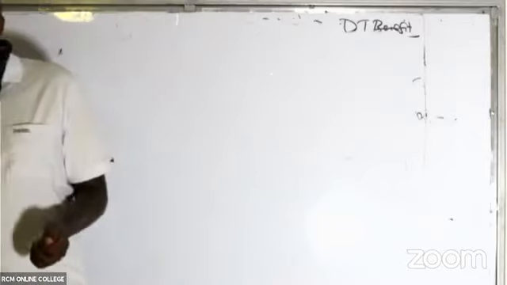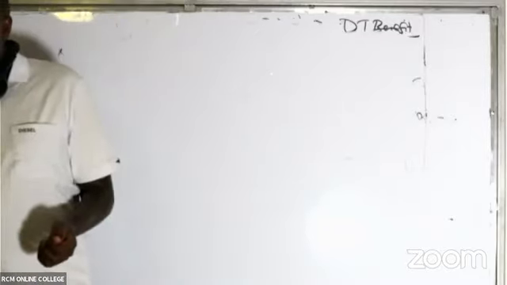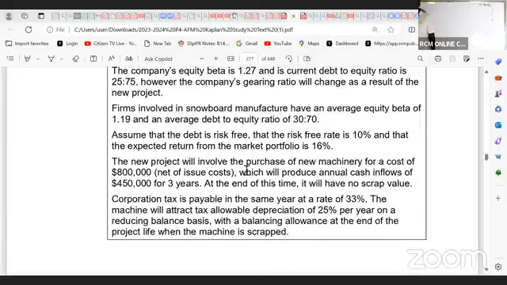So has this examiner given me cash flows? Oh, yes. The new project will involve the purchase of new machinery for a cost of 800, which will produce annual cash inflows of 450, because I'm cutting the 3 zeros, for 3 years. At the end of this time, it will have no scrap value.